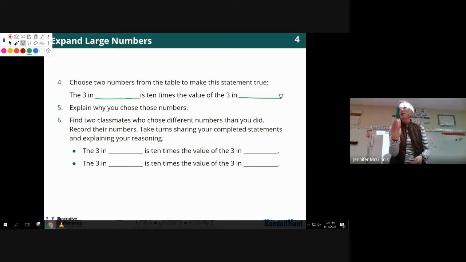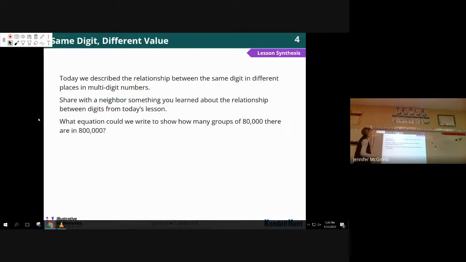So the 2 in the tens place is 10 times the value of the 2 in the ones place, because 10 of these gets me 1 of these. That's what it means when it says 10 times the value. Then I want you to explain why you chose those numbers. And if you're watching this recording, you can't really do number 6.